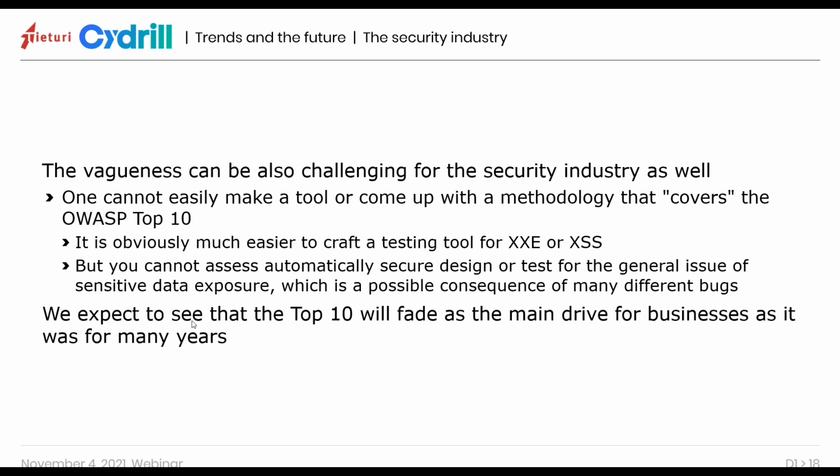So this is actually, in the long run, kind of a good thing, because it will disincentivize chasing the top 10 as a motivator for security companies and force a more holistic view of software security instead of just saying, oh, just solve these 10 problems and then your code is okay.